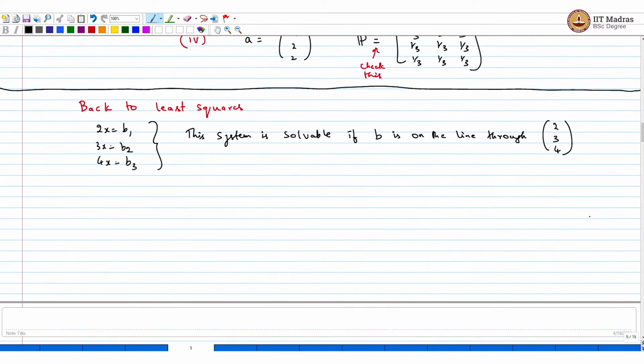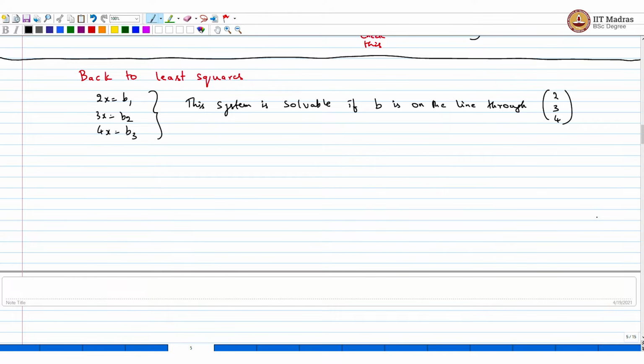Now, we are interested in the case where, in many practical situations, you collect a large amount of data, there is noise in the data, and so it leads to an inconsistent set of equations. In such situations, what will you do? In such a situation, the best solution is least squares. Let us try to understand this.